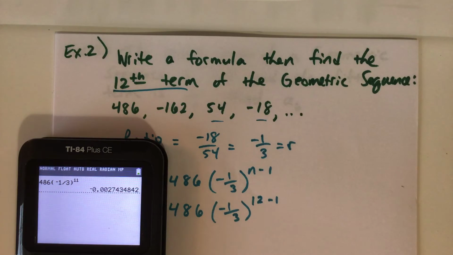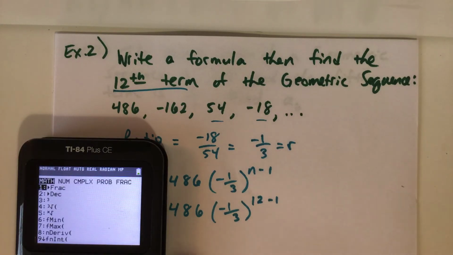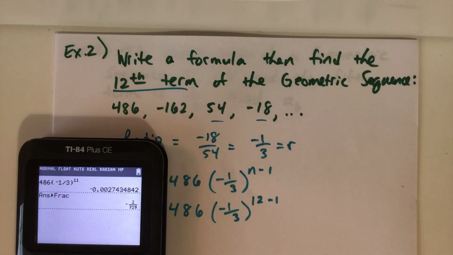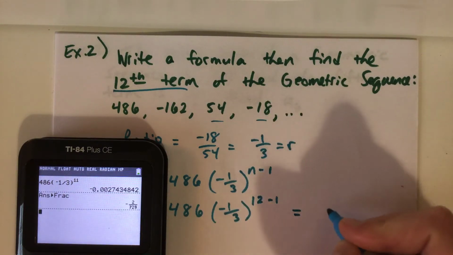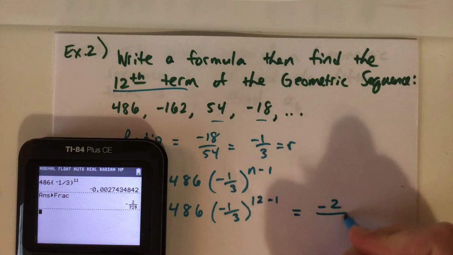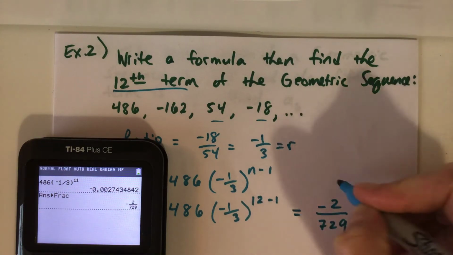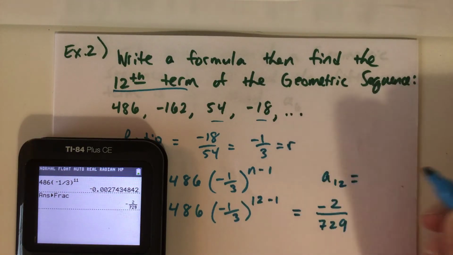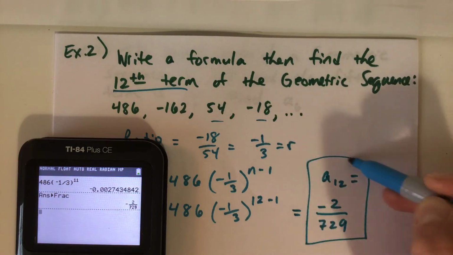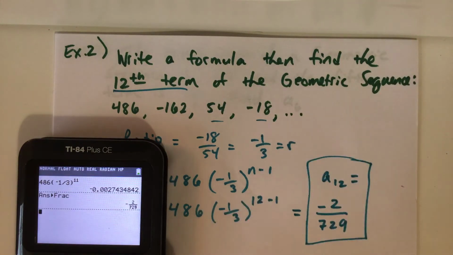I'd like to put it in fraction form, so we can press math. Number 1 is fraction, press enter, enter, and there we have our answer, negative 2 over 729. So the 12th term in this geometric sequence is negative 2 over 729.